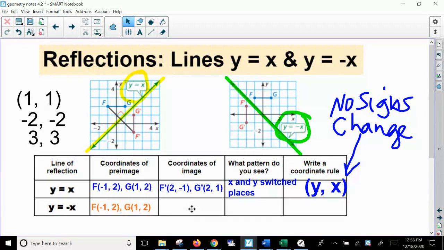And then the blue segment, F prime, G prime, that's your image. You should notice this time that not only did the coordinates switch places, they also changed signs. So the rule for reflecting over y equals negative x is (-y, -x), which means flip the numbers and change all the signs, okay? If it was already a negative, you will change it to a positive. If the sign was positive, you'll change it to negative.